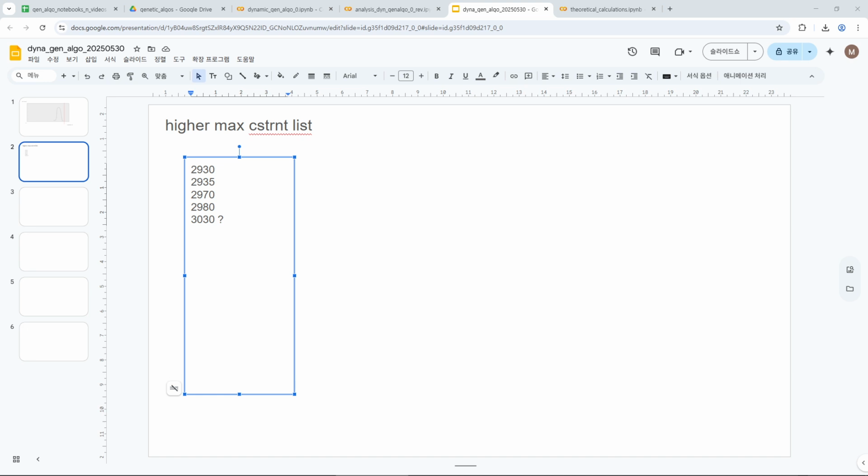Okay, I'm back, and in this one, the sixth one, still using the higher maximum constraint list, what did I do?